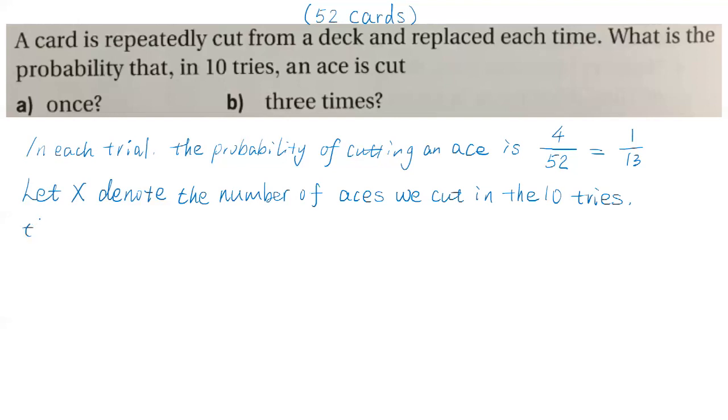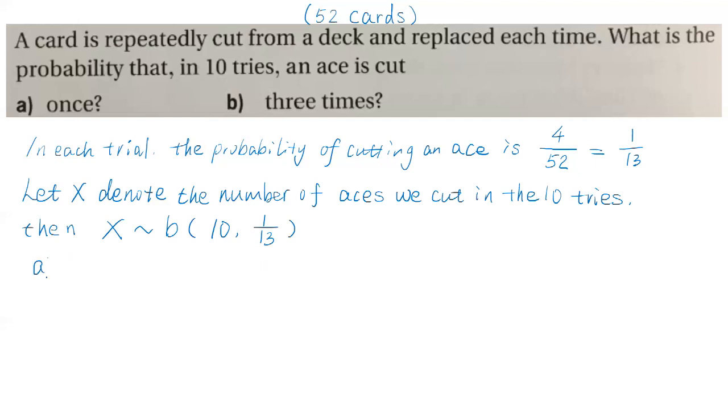Then, according to our analysis, X follows a binomial distribution. The first parameter is the number of tries, that means 10. The second parameter is the probability of an ace being cut, which is 1/13, right?